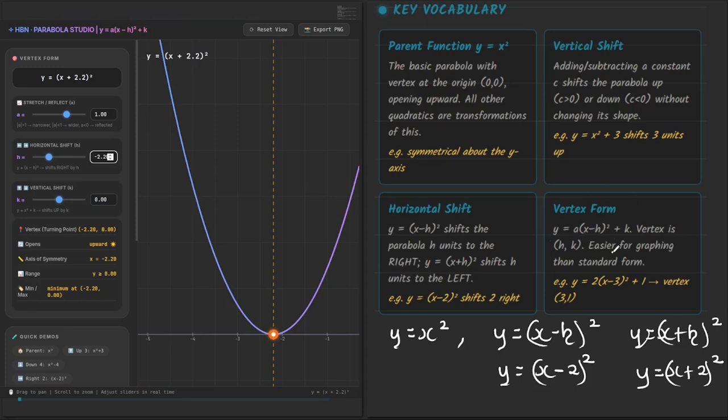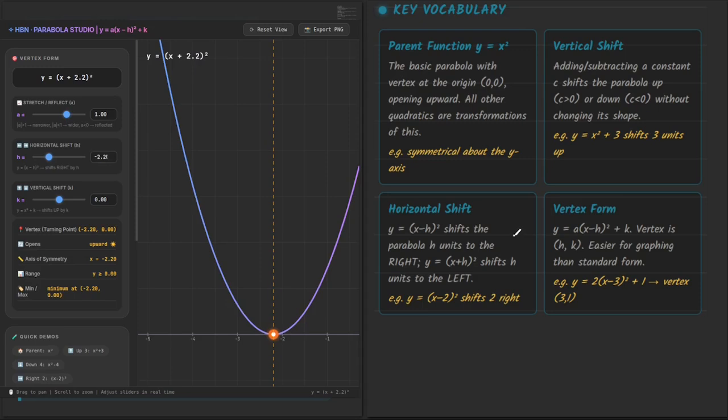Now there is one last form we need to consider. That is the vertex form. So the vertex form of writing a quadratic function is what? y equals a into bracket x minus h all squared plus k.